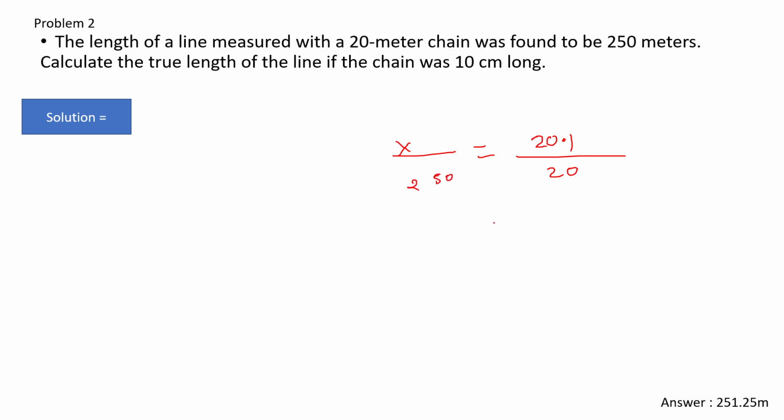So when we solve for x, it will be 250 divided by 20, which is 12.5, multiplied by 20.1, so it will be 251.25.